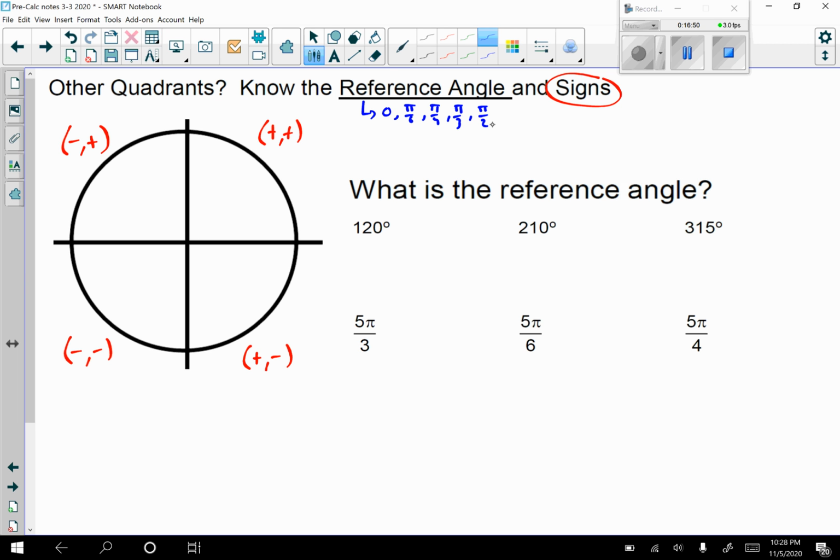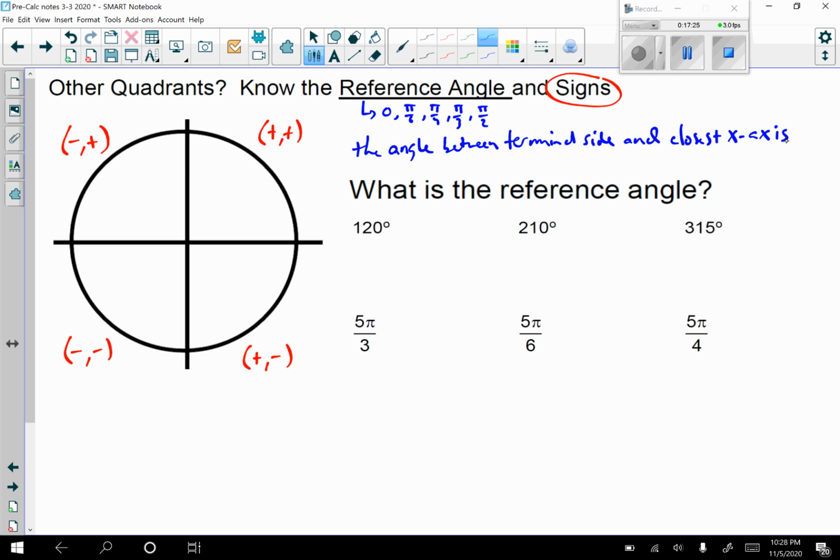The reference angle is defined as the angle between the terminal side, so we know what that means, terminal side, and the closest x-axis. Usually we said our angle starts at the positive x-axis. Well, we want the closest one on this one. That's going to give us a first quadrant angle. That's the angle between there.